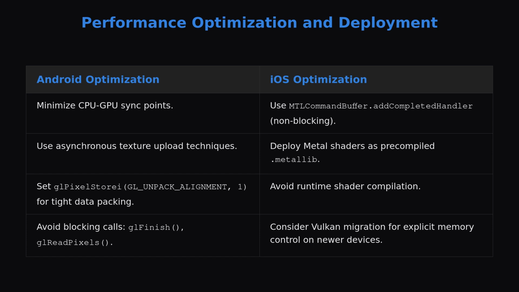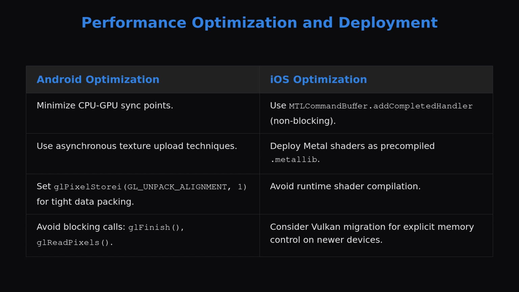On iOS, utilize MTLCommandBuffer addCompletedHandler for non-blocking completion checks, allowing the CPU to continue work while the GPU processes the frame. Deploy Metal shaders as precompiled libraries, .metallib files, to eliminate runtime compilation overhead during application launch.